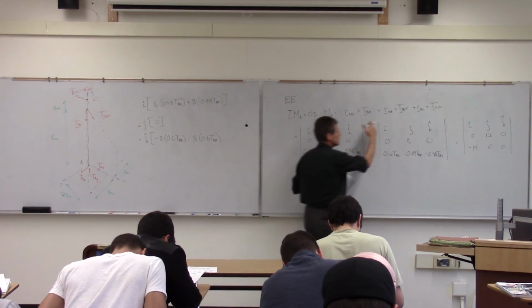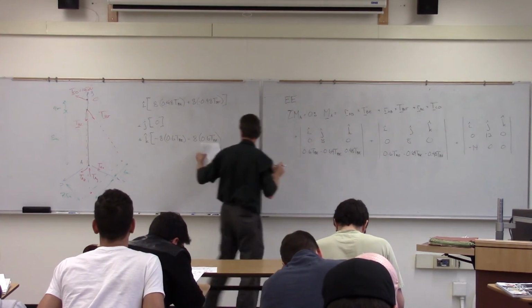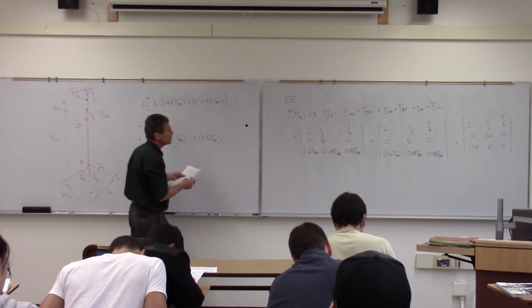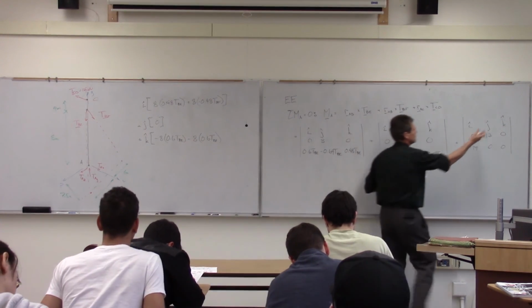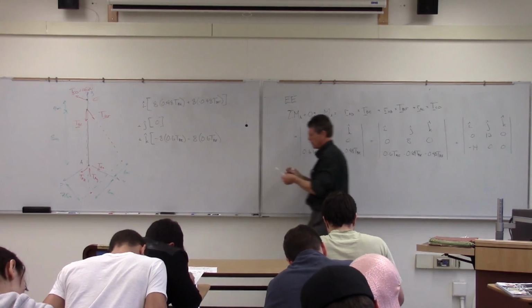Same thing with this one then. We're going to pick up the 8 and the TBEF, and it'll be minus. And then finally, our last piece here, we'll pick up a 12 and the minus 14.